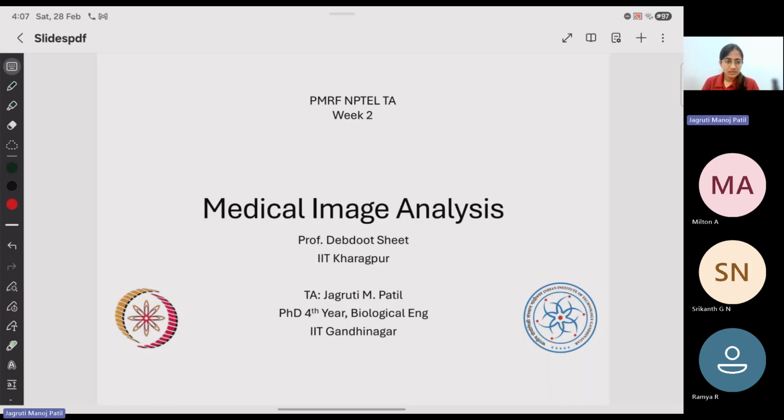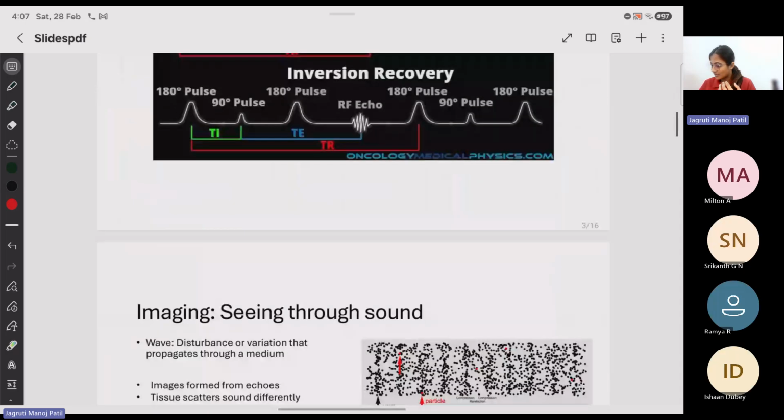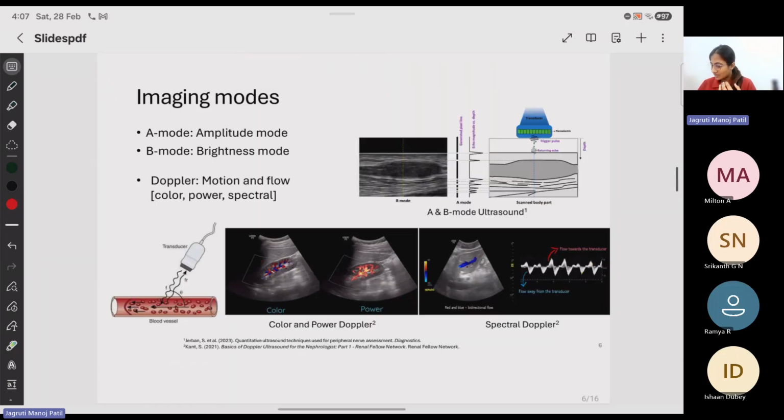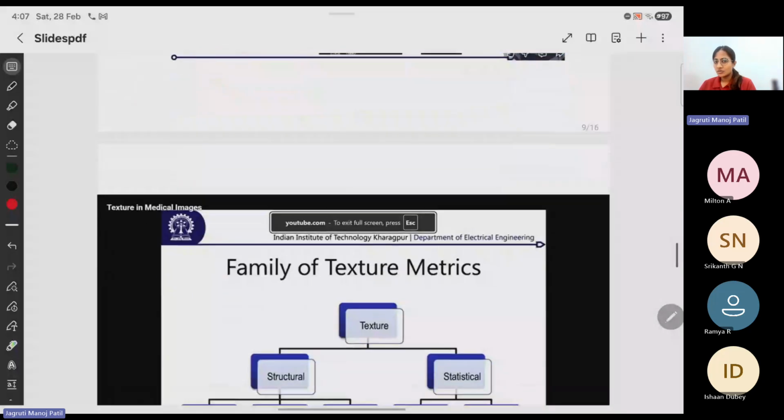So this week, as discussed, we'll first go through those basics a little bit, first MR, then followed by ultrasound, and then I'll go through basics of image-based segmentation approaches, and the first one that we had in the lecture slides. There was texture, and then we'll do segmentation.